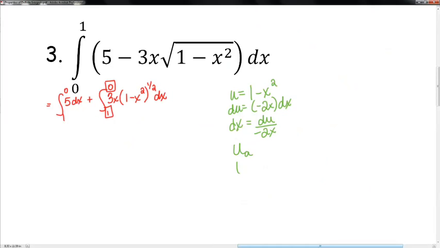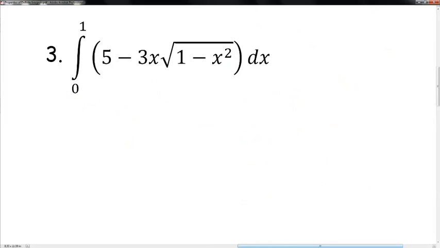My a now is 1 because I flipped my bounds. So I'm going to plug 1 into u, and 1 minus 1 squared is equal to 0. Then I'm going to plug in 0, that's my new b.